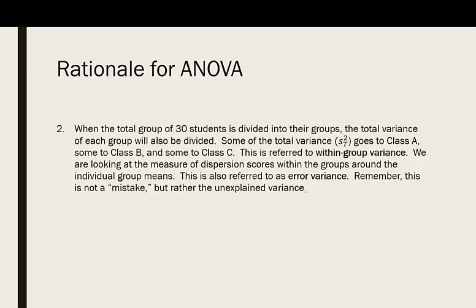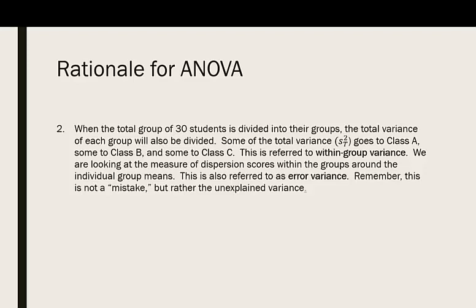But when we divide the groups into their respective areas, so here we have three groups, then what happens is that each group takes its own variance with it out of the total. So some of the total variance goes to Class A, some of it goes to Class B, and some of it goes to Class C.